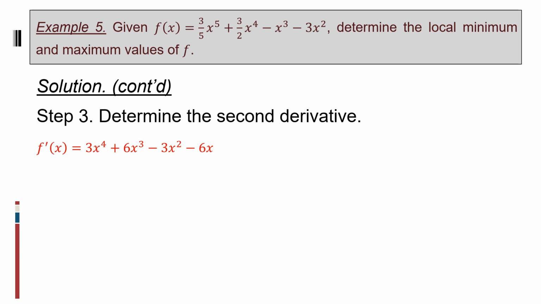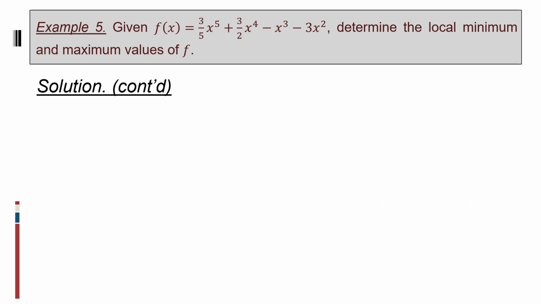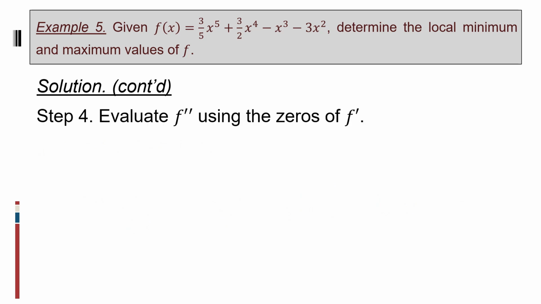So by the first derivative, ang ating second derivative now is 12x cubed plus 18x squared minus 6x minus 6. Next step, we evaluate our second derivative using the zeros of our first derivative.